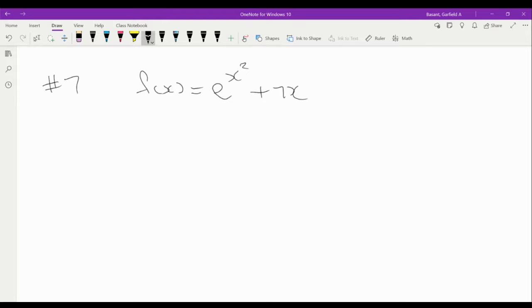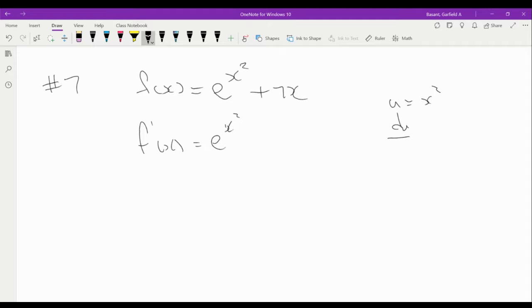All right, did anyone get an answer for this as yet? Don says 2x e to the x squared plus 7. All right, so we're going to do f prime of x. Don's answer looks good to me. So we're going to have e to the x squared. So our u is x squared.